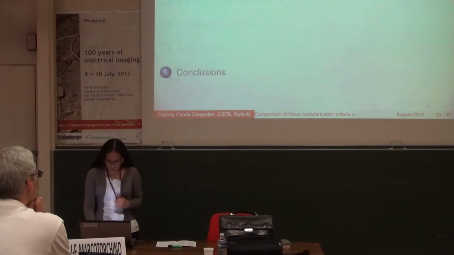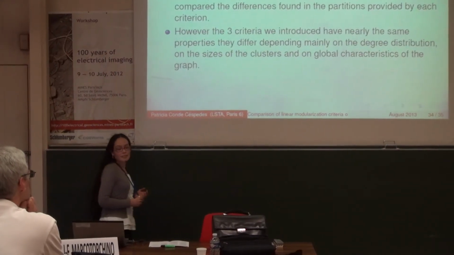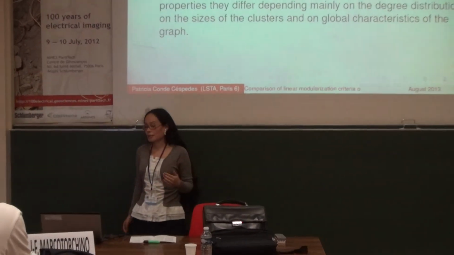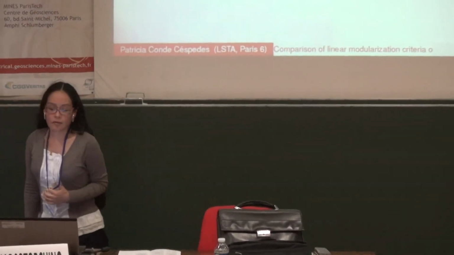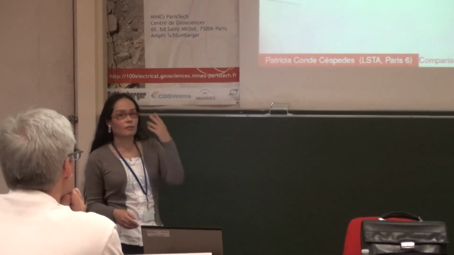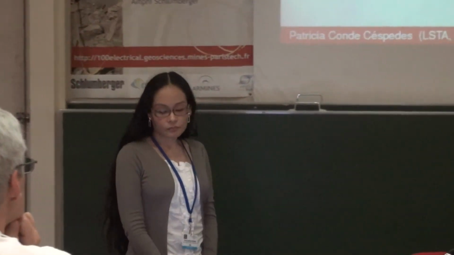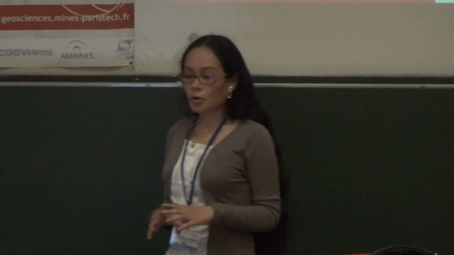So I finish with that. The conclusion: we presented 6 modularization criteria in relational analysis notation, and we tried to analyze the partitions formed with those criteria, to analyze the differences. We saw as well that they have nearly the same properties.